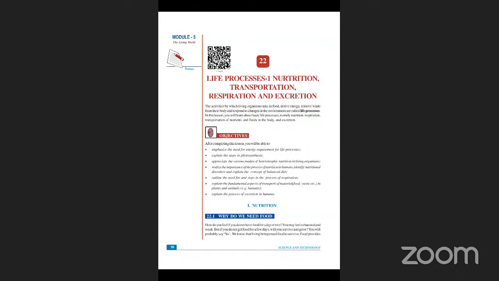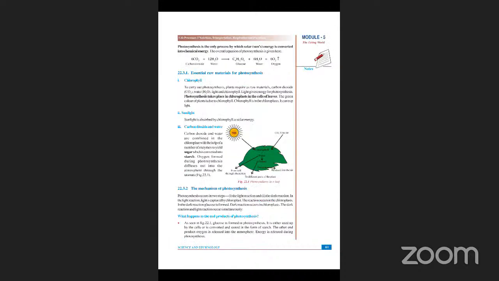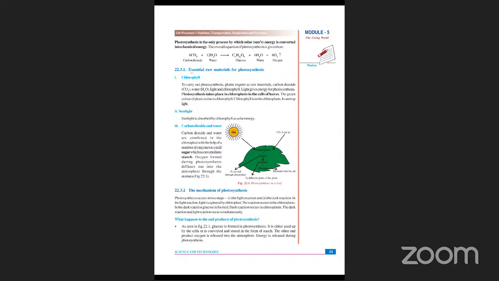So we did saprophytes. Now, today we will learn what the essential raw materials required for photosynthesis are. Repeat after me. What are the essential materials or raw materials for photosynthesis?